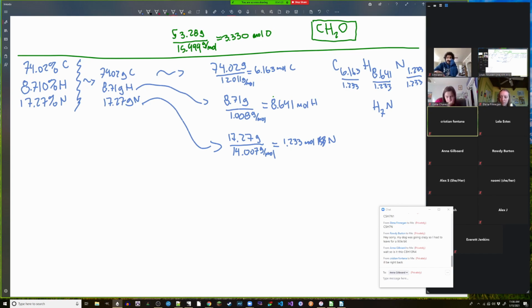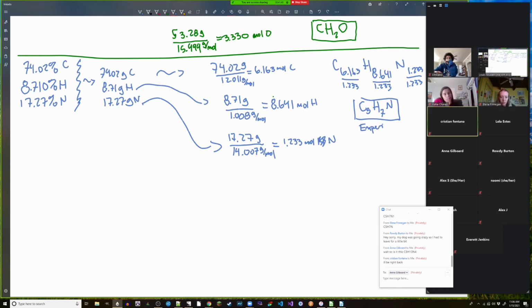Nitrogen will be a 1. And for carbon, it's going to be pretty close to 5. 4.998. That's a 5. C5H7N, which I think is what almost everyone got.